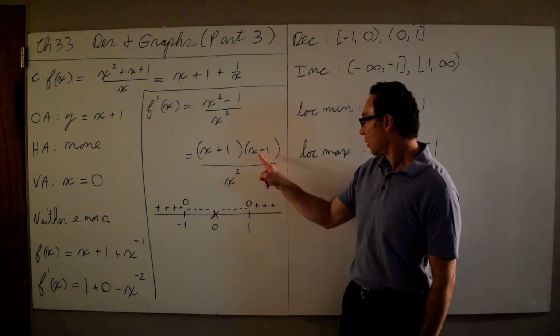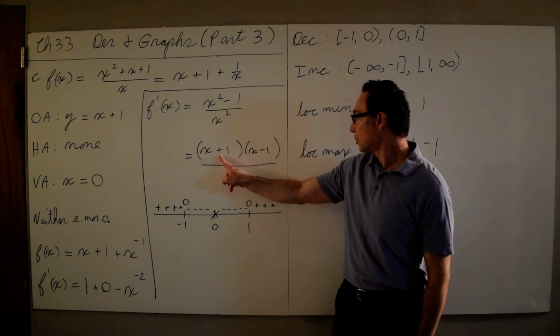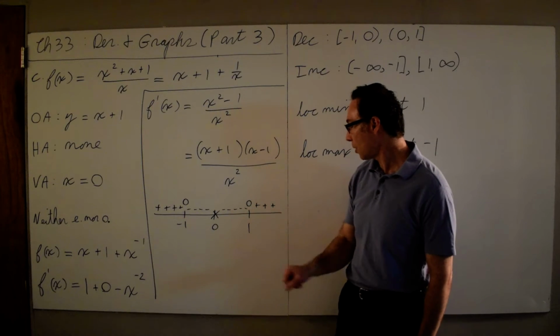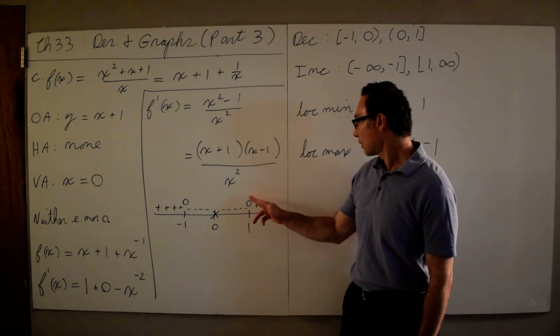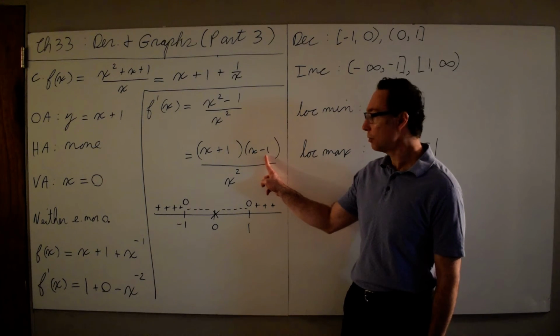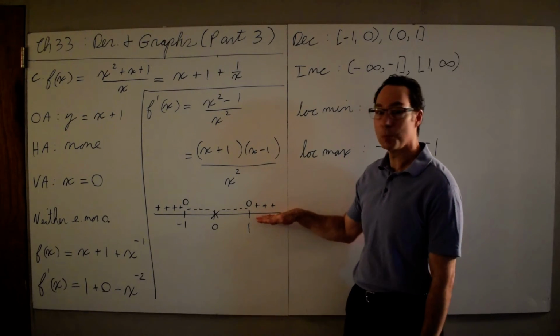So this term is still negative. This term is positive. So we have a positive times a negative divided by a positive, which is negative. As x crosses over 1, this term now becomes positive. So we have a positive times a positive divided by a positive, which is positive.